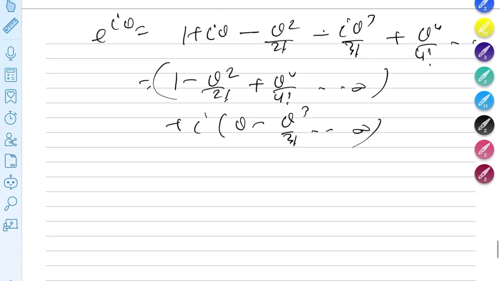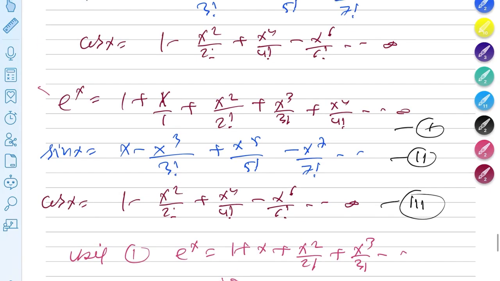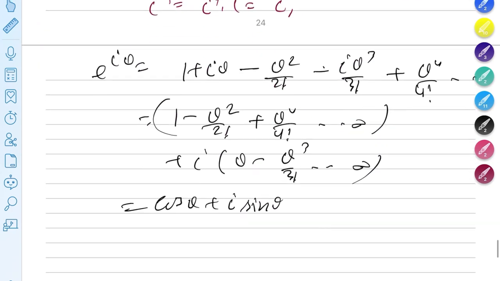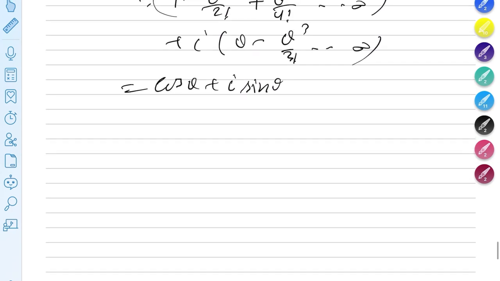So the first term is cos theta, plus i times this term, which is sin theta. Why is it sin theta? Theta minus theta cube by 3 factorial plus theta to the power 5 by 5 factorial, and so on, is nothing but sin theta. So basically e to the power i theta is cos theta plus i sin theta.